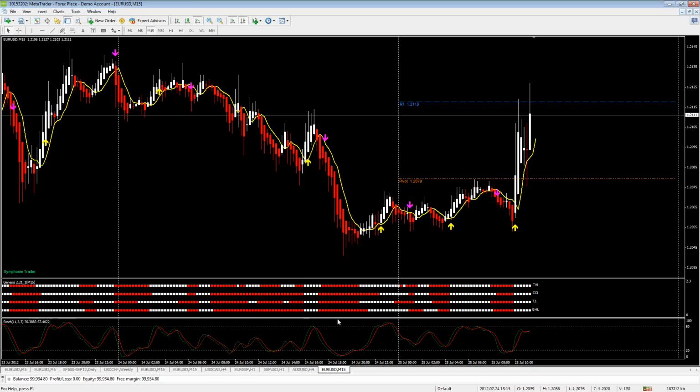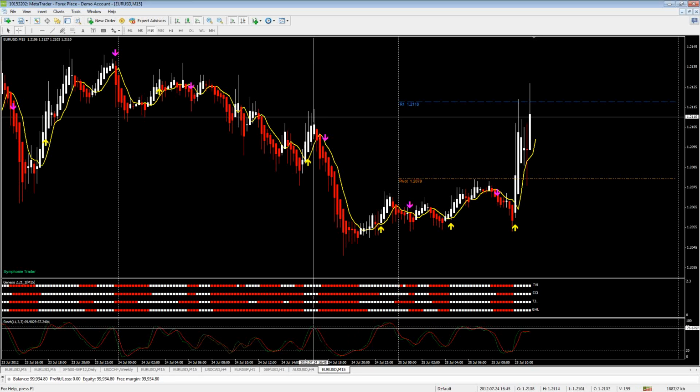So we want the Genesis indicators to line up, and what we also want is for the stochastic to go out of an overbought zone for short or an oversold zone for long. This gives you a stronger indication. For example here, that's a very nice area where the stochastic was in an overbought zone, above 80 more or less, and then we have red Heikin Ashi candles closed below the moving average.